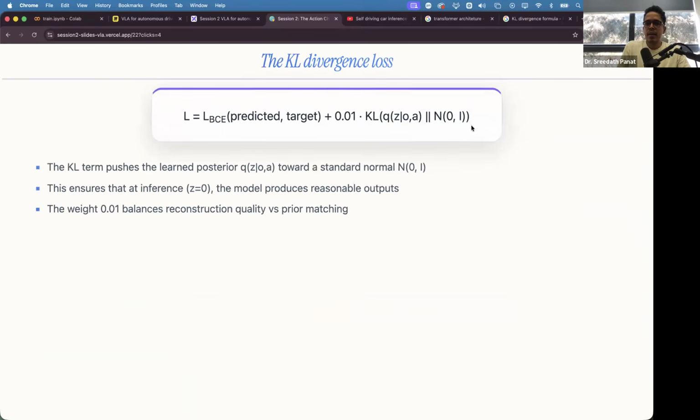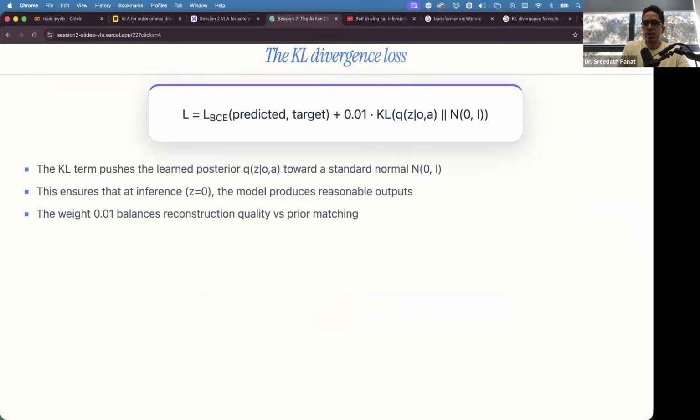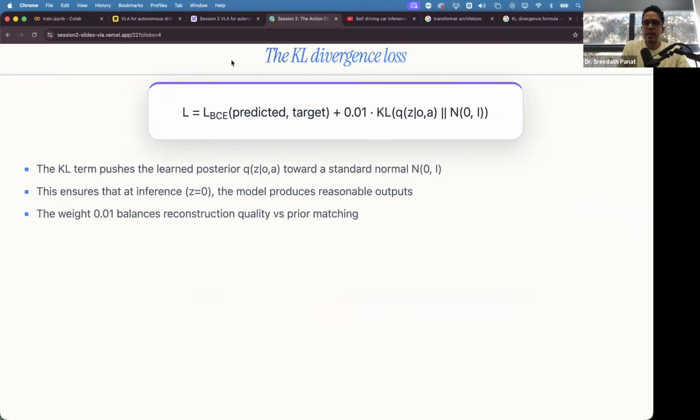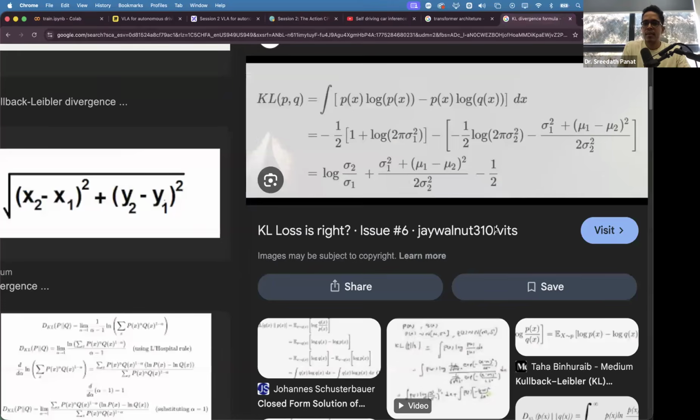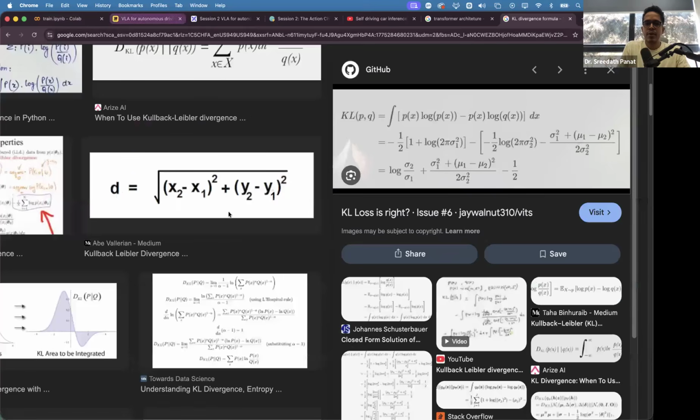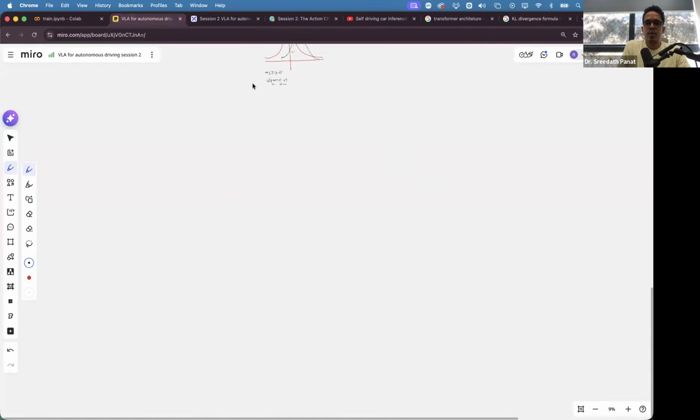So this formula, please don't get confused by seeing this formula. I already showed you this KL divergence formula. KL divergence formula is simply this. And if sigma 1 is equal to 1 and mu 1 is equal to 0, you can simply substitute and you will see that the formula that results is similar to what I showed you here, in this code.